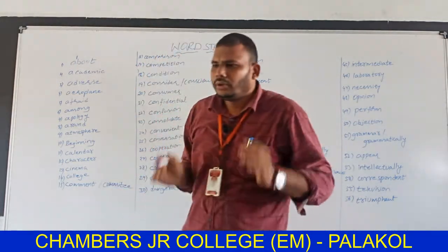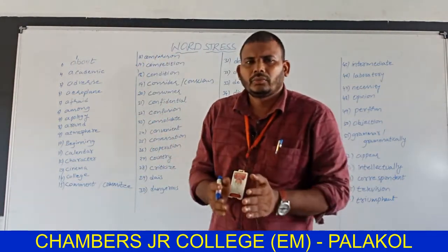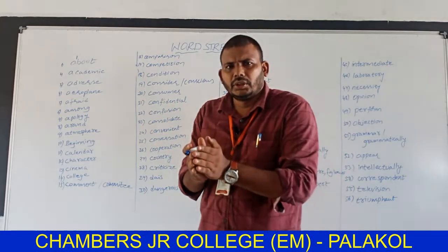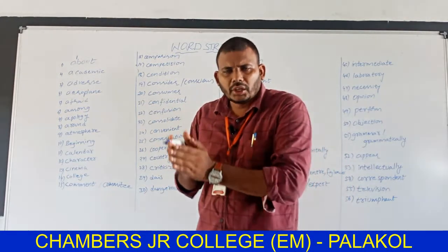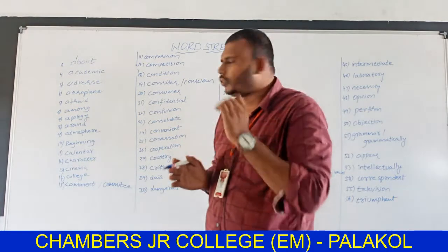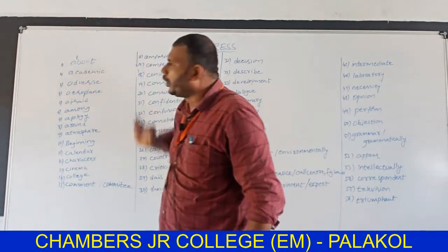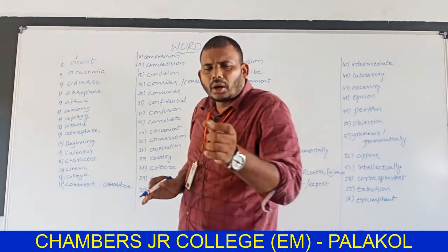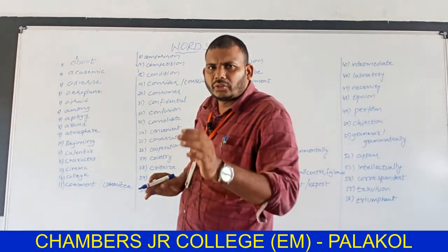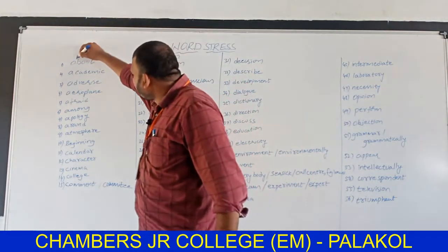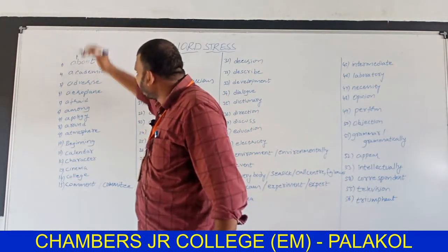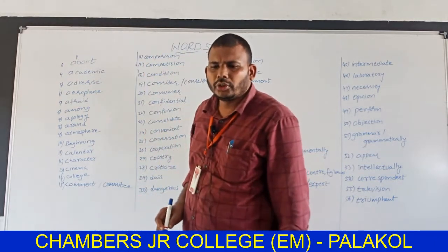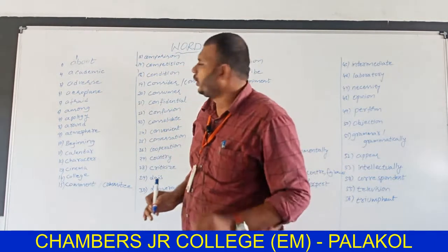So we should recall the rule: when a word begins with the prefix a, it takes stress on the second syllable. B-O-U-T, the four letters, are considered the second syllable, and the first letter is B. So we need to put the stress mark on B only.